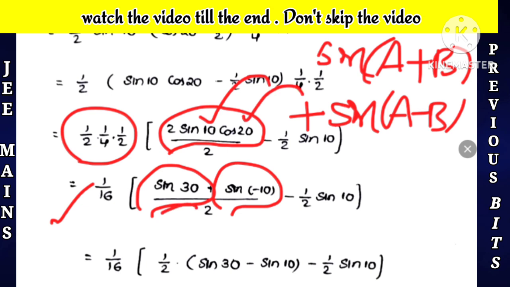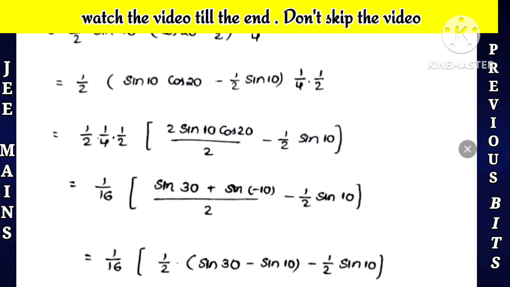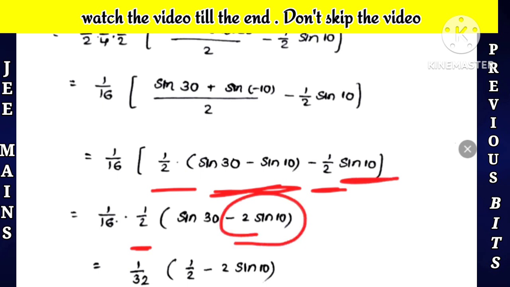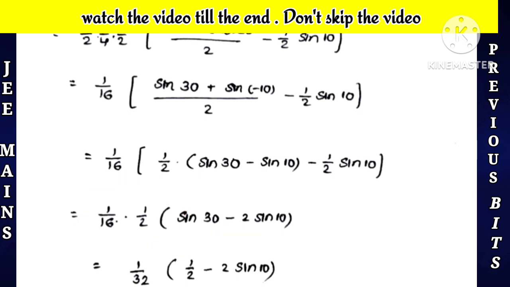So sin(A + B) is sin30°, and sin(A − B) is sin(−10°), which is equal to −sin10°. Take the 1/2 common: sin30° − sin10° − sin10°, that is sin30° − 2 sin10°. Again sin30° is equal to 1/2, so this is 1/32 into (1/2 − 2 sin10°).